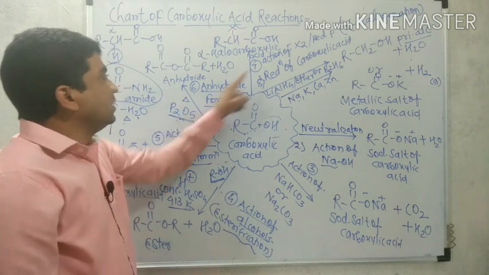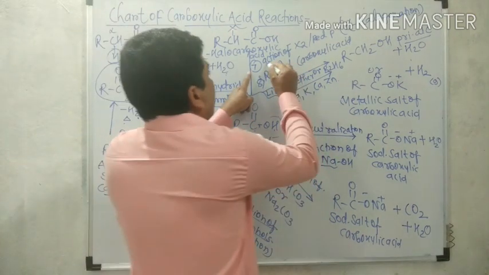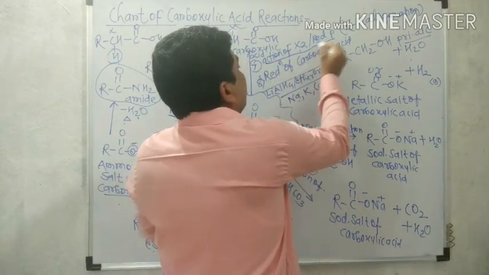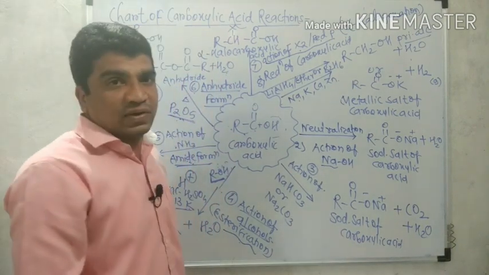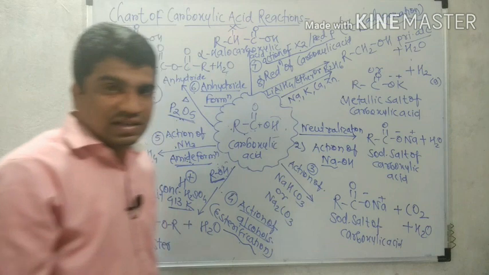Now after that, reaction number 7, that is action of halogen, X2, in the presence of red phosphorus. The reaction is also called alpha halogenation reaction.